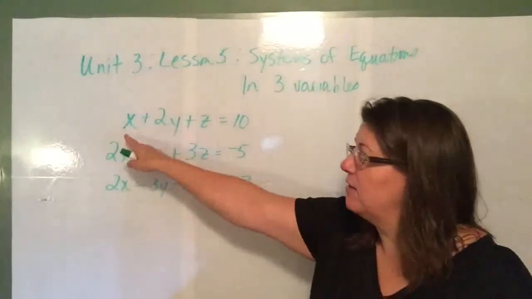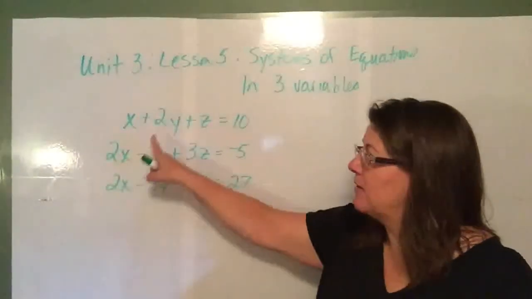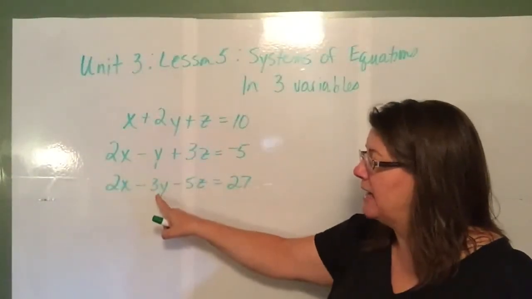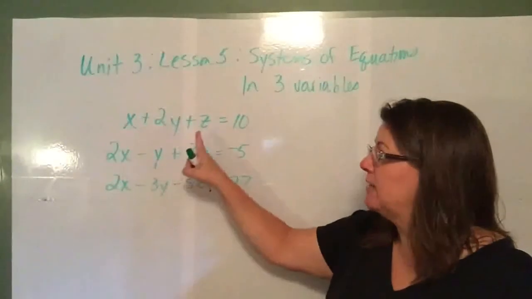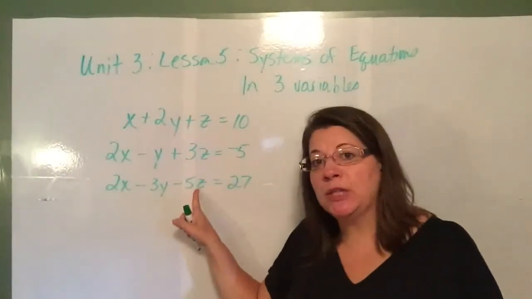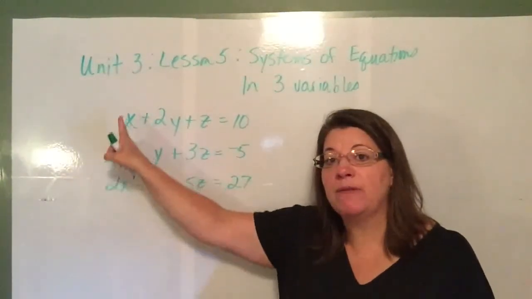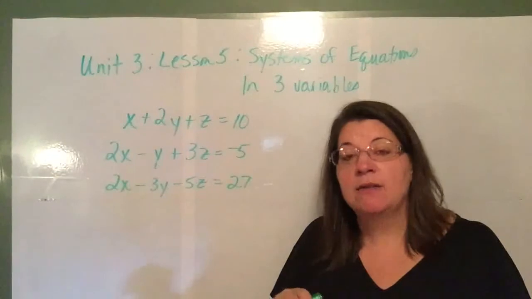For the x's, this one's 1x, I've got 2x and 2x. For the y's, I've got 2y, a -1y, and a -3y, and for the z's, I've got a 1z, a 3z, and a -5z. Well, I'm going to eliminate my x's because it's a lot easier to get all 3 of those to be the same or opposites.